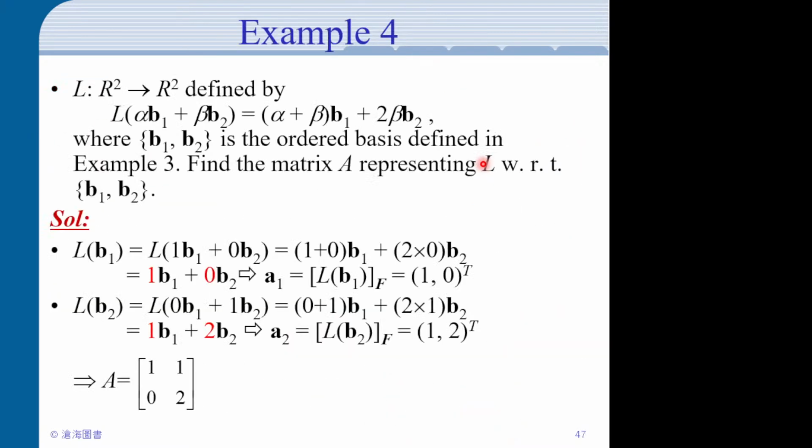But we are given L in terms of B1, B2 on both sides. And so L maps this alpha, beta coordinate vector to alpha plus beta and beta. And so we want to find the matrix A with respect to B1, B2 on both input and output.